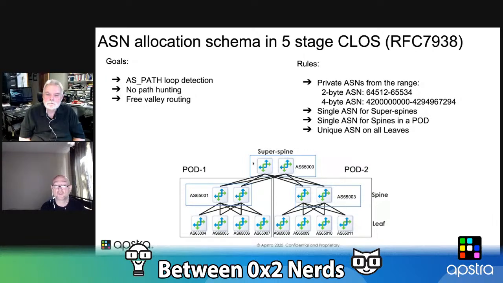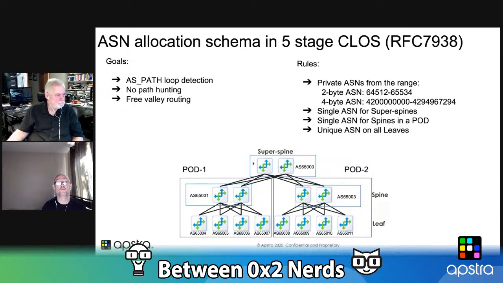When you reflect routes to the super spine layer, it sees itself in the AS path, it's a loop, hence it blocks. So: fast convergence, no inconsistencies, no path hunting, and automation. One might say you need to configure more stuff. I think automation finally got there, right? It shouldn't be a problem to configure different ASNs through a machine-to-machine interface.